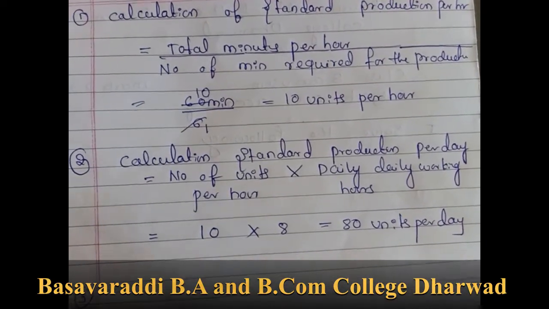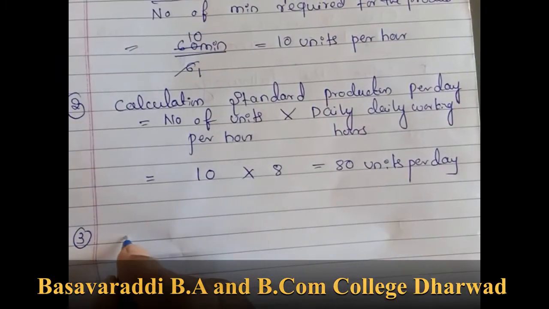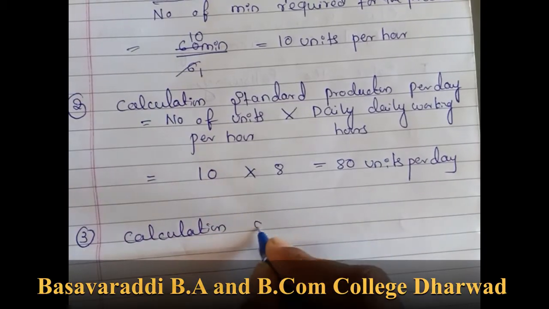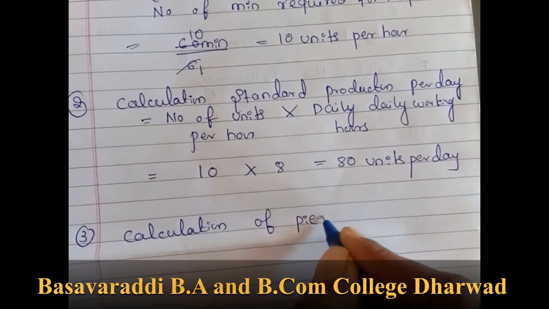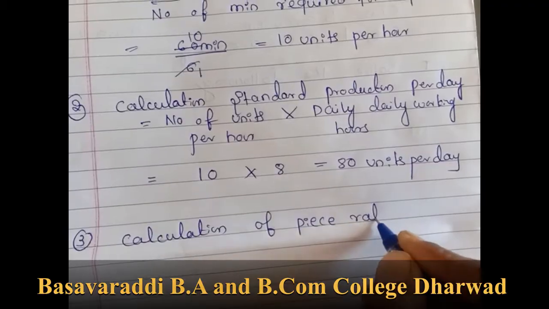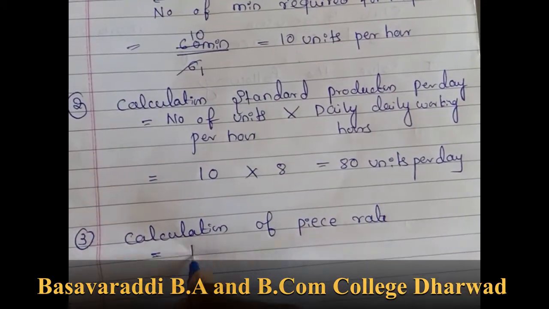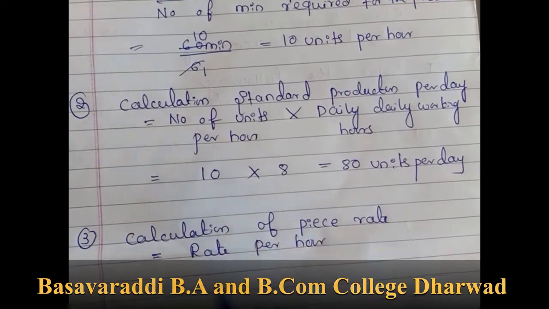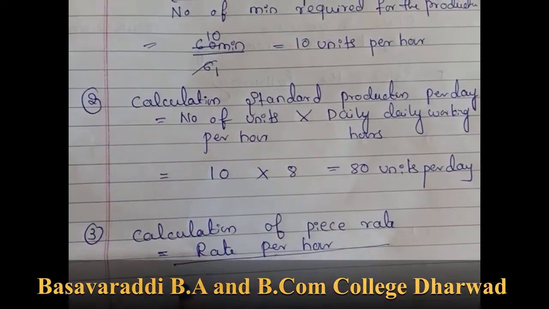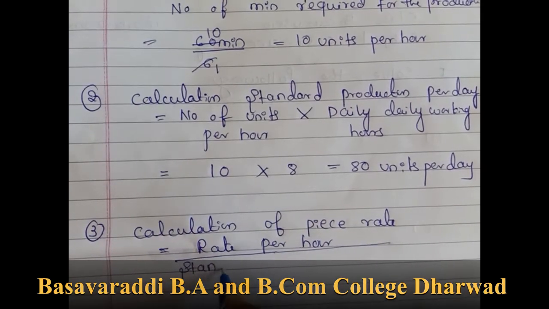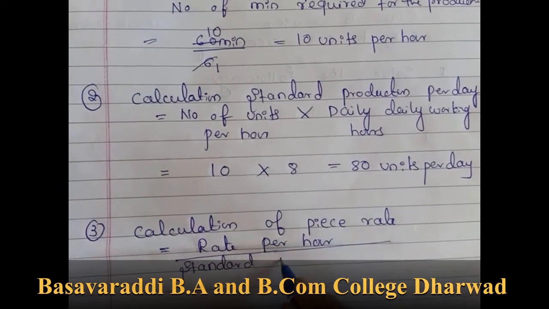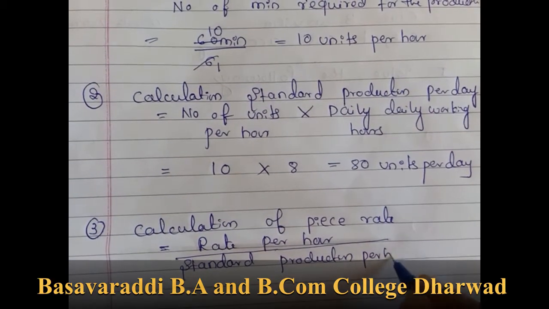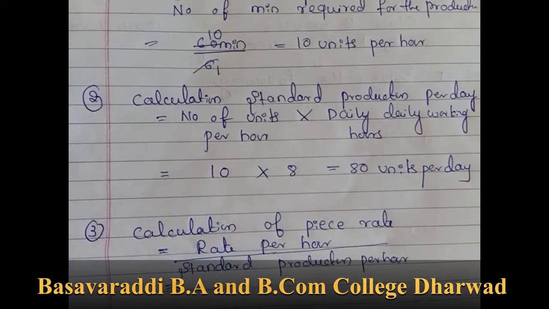Next, working note number 3. Calculation of piece rate. Piece rate is equal to rate per hour divided by standard production per hour.